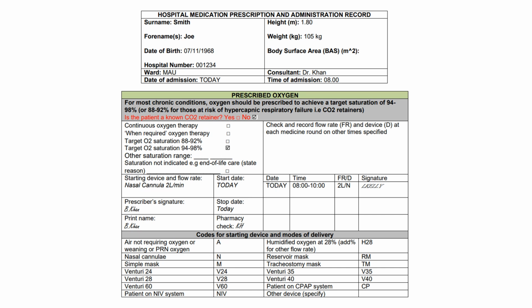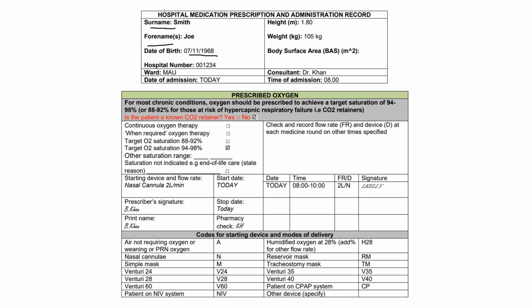Moving to the next page, the patient name is surname Smith and forename is Joe, and date of birth is 07/11/1968. The rest of the details are same as that of the previous page.